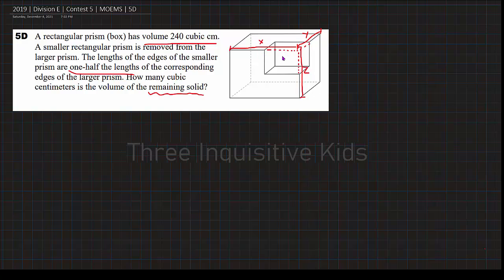So the smaller rectangular prism would be 1/2 of x times 1/2 of y times 1/2 of z. And we already know up here that x, y, z all multiplied together is equal to 240. Got it?